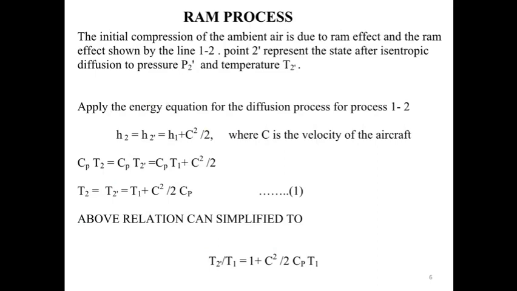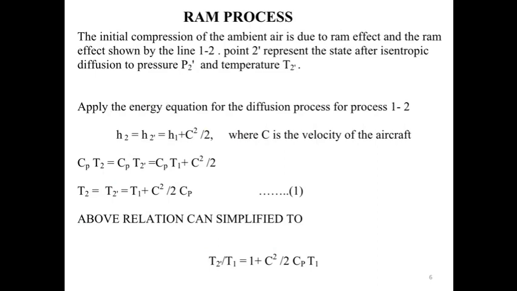So we apply the energy equation for the diffusion process from 1 to 2. At the initial state there is the energy in the air, which we represent by H1, plus the kinetic energy C square by 2 from the velocity of the air, and that energy after striking converts into H2.